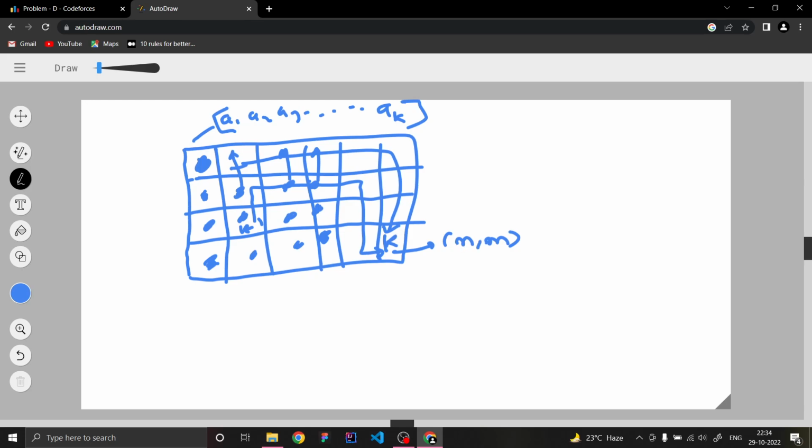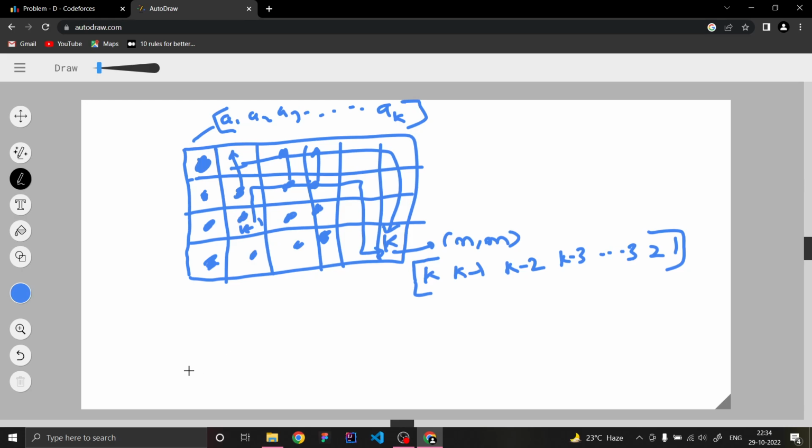So in this way, first we would like to put k, then k minus 1, then k minus 2, k minus 3, up to 3, 2, 1. In this way, we would like to put these cards in cell (n, m).